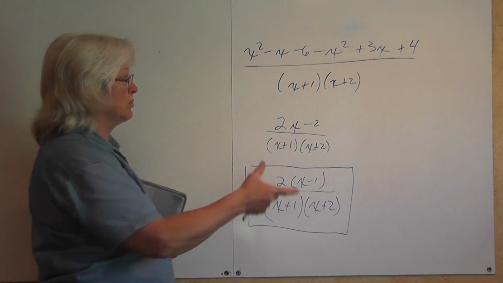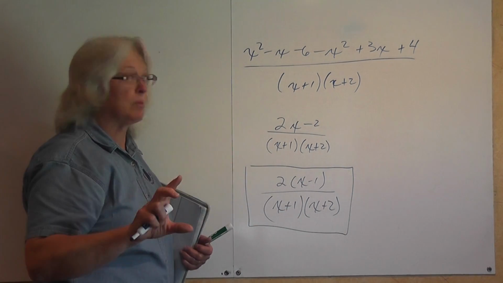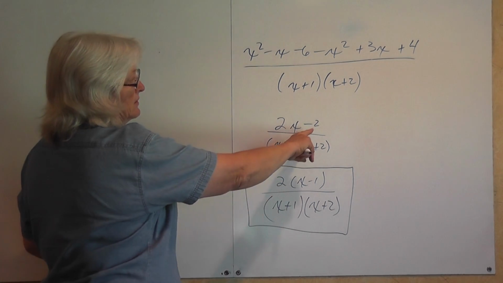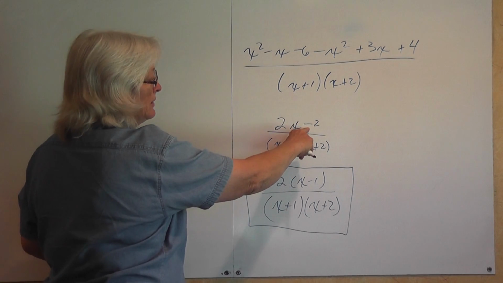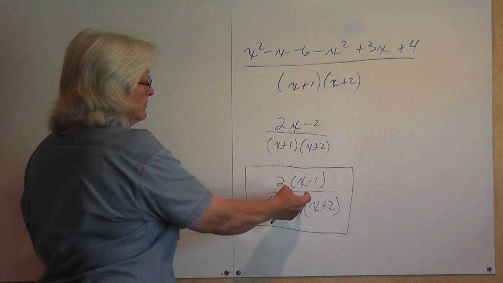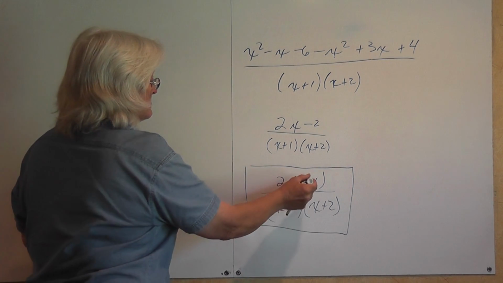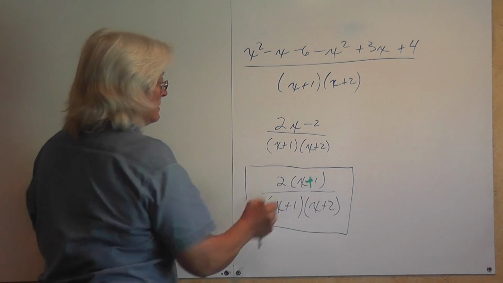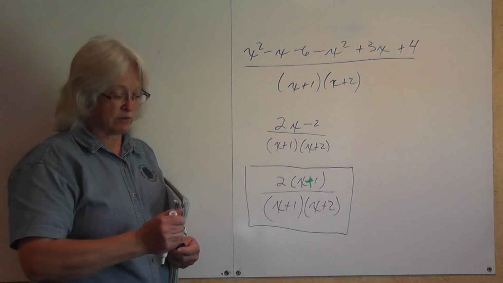Very frequently in Algebra 1, they will manipulate the problems for you. Here, they would have manipulated this into a 2x plus 2, so that when you factored out the 2, you would have an x plus 1, so that you would have a common factor of x plus 1.